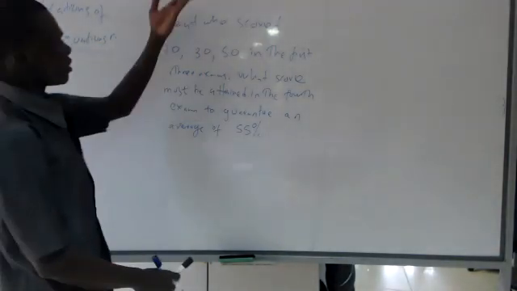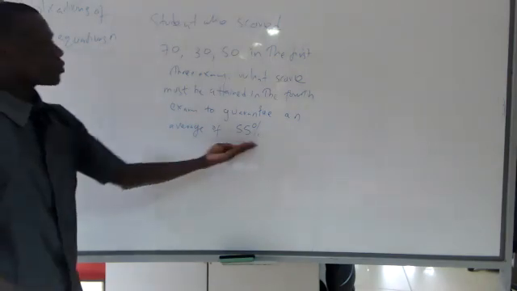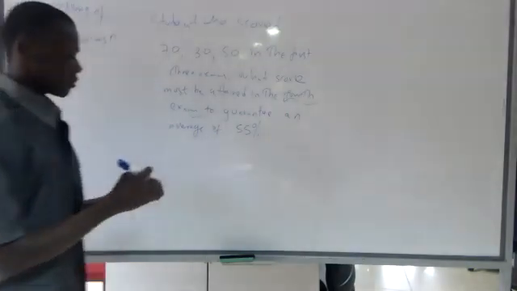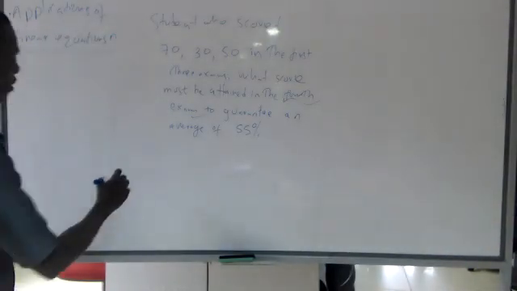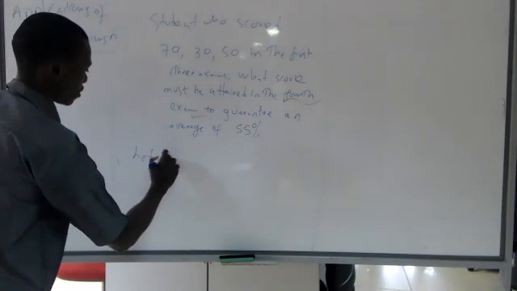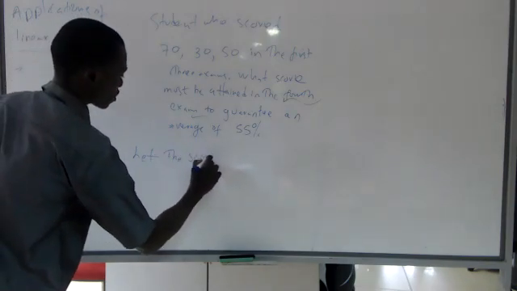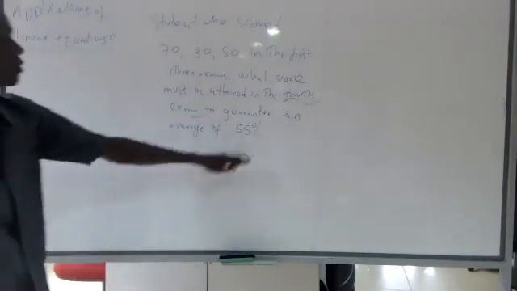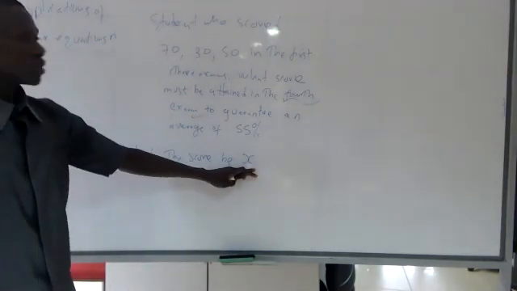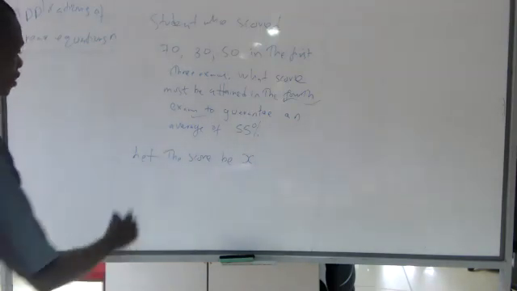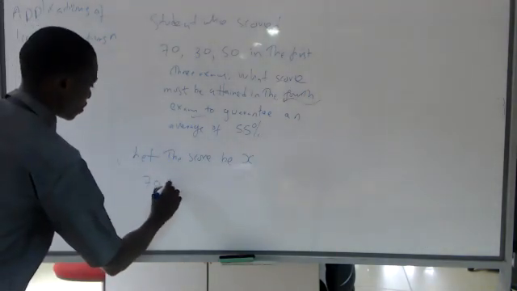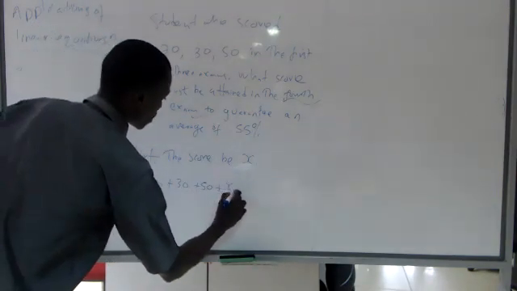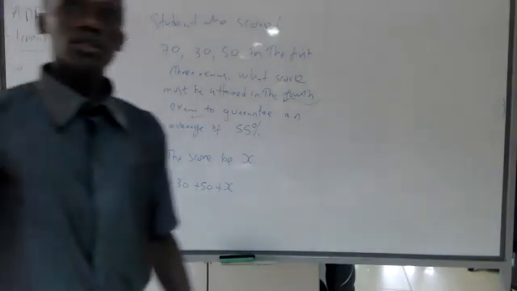So you have a problem. There is an unknown variable. The unknown variable in this case is the score in the 4th exam. Okay, how do you approach this? Let the score in the 4th exam be X. So in total, the student scores 70 plus 30 plus 50 plus X. How do you get average or mean?